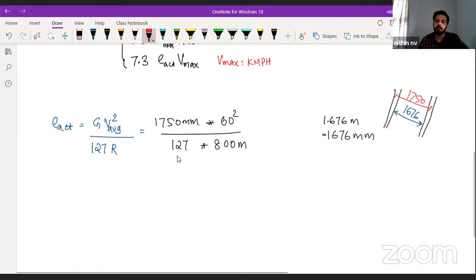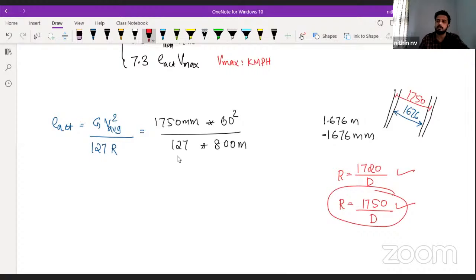Now see, I told you, if they are giving in terms of degree, either we can take radius equal to 1720 by degree, or we can take 1750 divided by degree. Both are acceptable. It's up to the designer. In case it is not given, better you take 1750 by D. If you take 1720 by D, then also it will be correct.